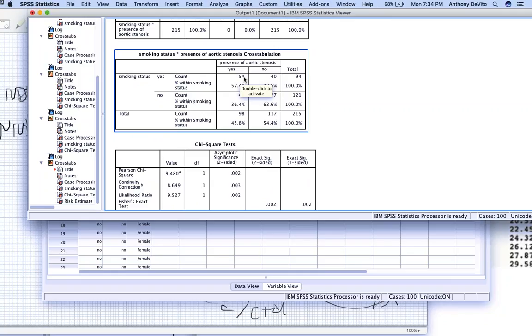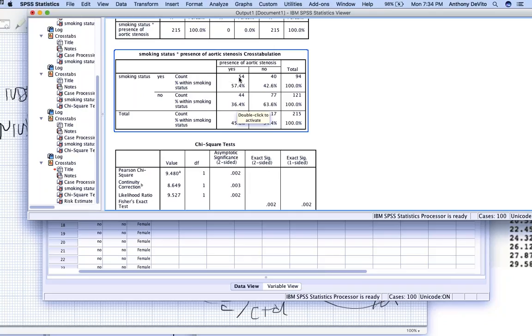remember, came from A over A plus B, which is 54 over 94, right? That's 57. These are the percentages by rows. So 54 over 94 is 57%, and 44 over 121 is 36%.